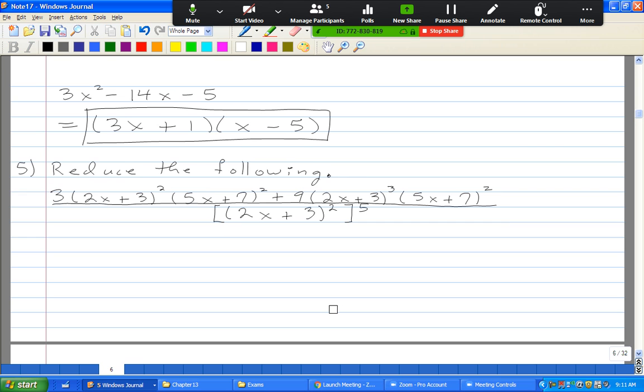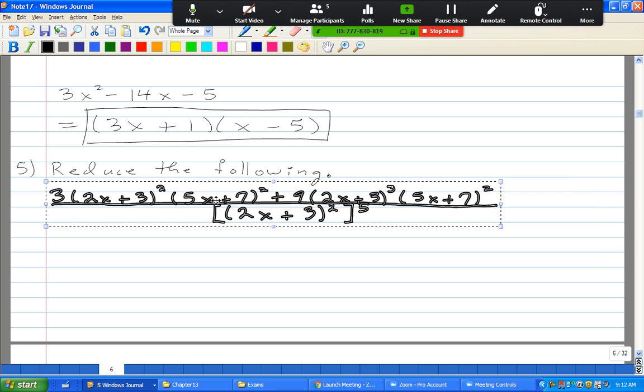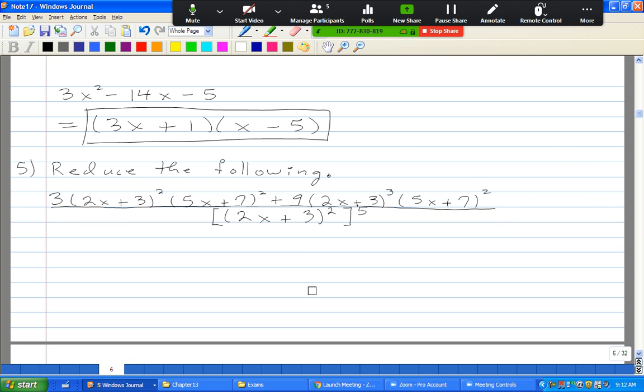So let's try to simplify this. 3 times the quantity 2x plus 3 quantity squared times 5x plus 7 quantity squared plus 9 times 2x plus 3 quantity cubed plus 5x plus 7 quantity squared, all divided by 2x plus 3 quantity squared, quantity to the fifth.